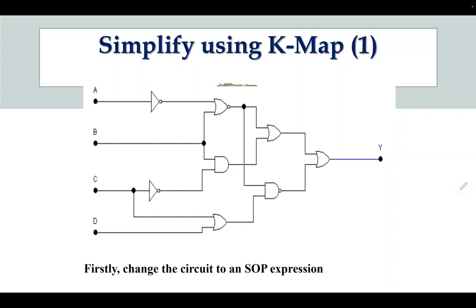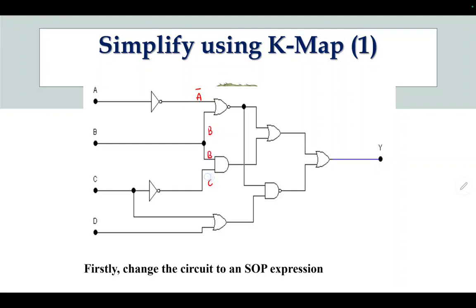Next, if the question gives you the logic circuit, you need to draw the logic circuit first. For example, here you got A bar, and then you got B over here, B over here.